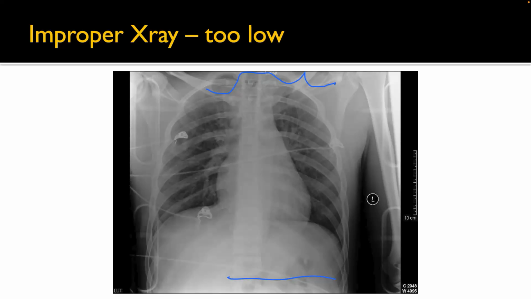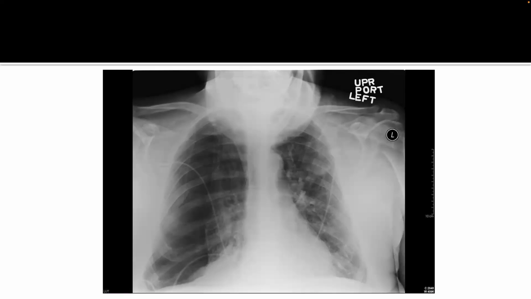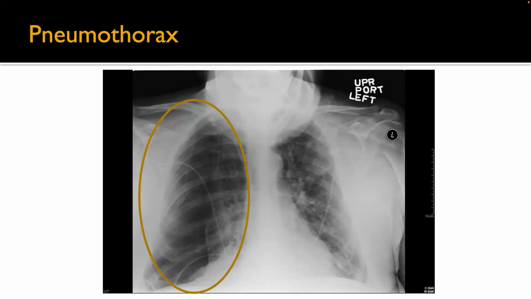We have to be able to see the chin, kind of sort of, that's our hallmark, the heads of the humeruses, and go from there. Pneumothorax, pretty obvious. That's that edge piece that I keep talking about. That's what you're looking for.